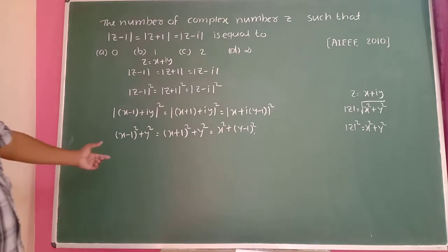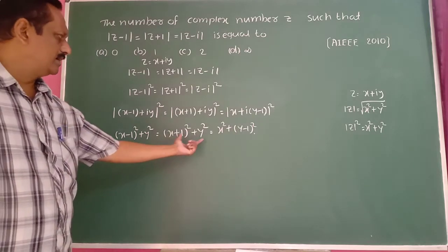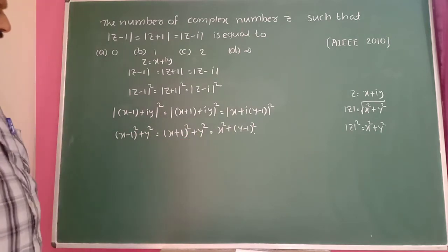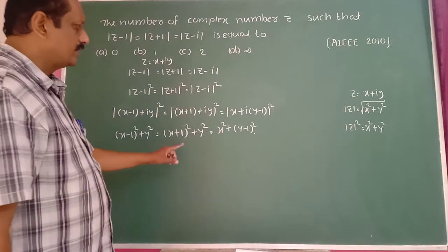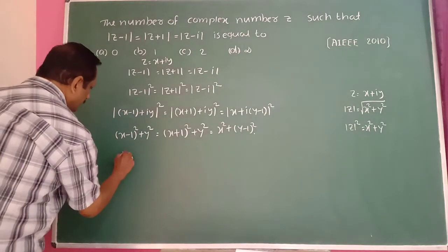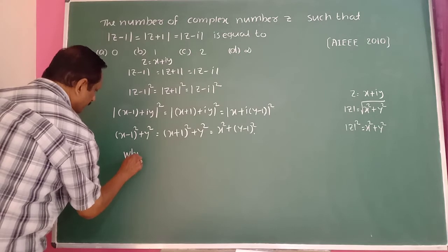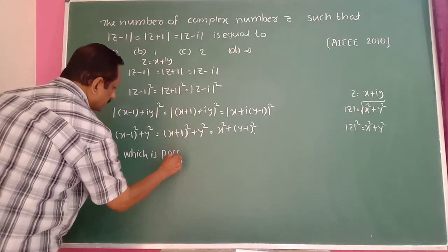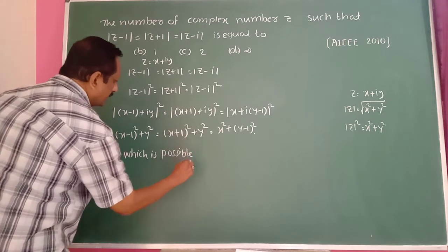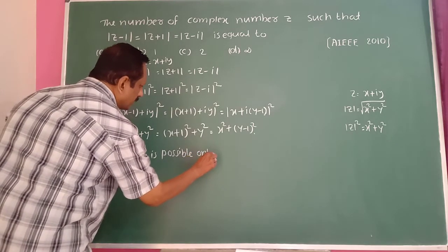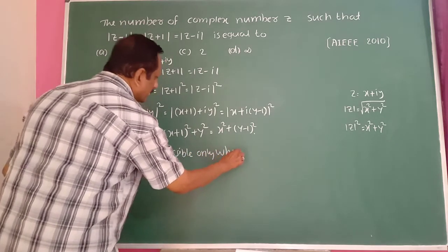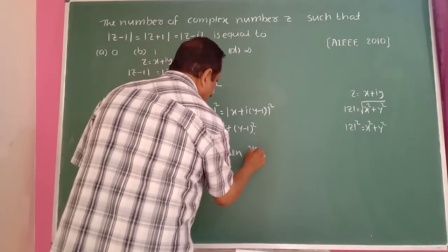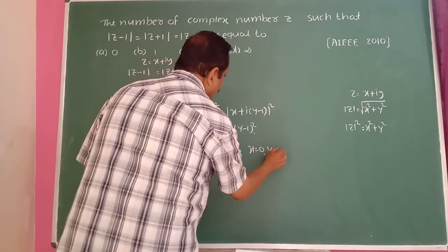So just observe here, each term is equal. When is it possible? It is possible only when x equal to 0 and y is equal to 0.